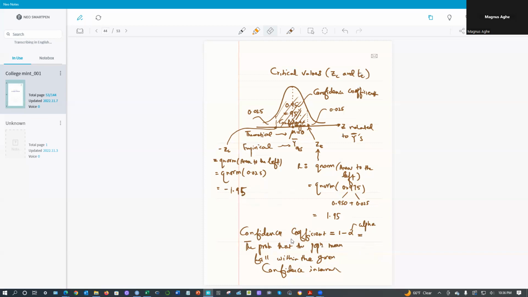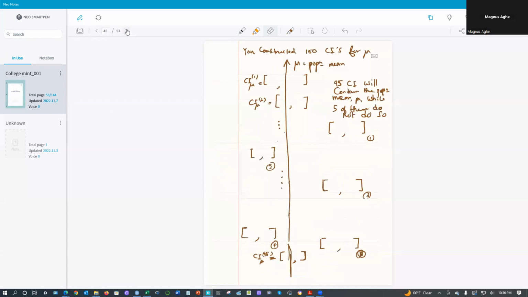On the other hand, the confidence coefficient is denoted by 1 minus alpha. That's the probability that the population mean falls within the given confidence interval. See how they fall. Let's say that you constructed 100 confidence intervals for the mean. Out of 100, 95 will contain the population mean, while 5 of them do not.